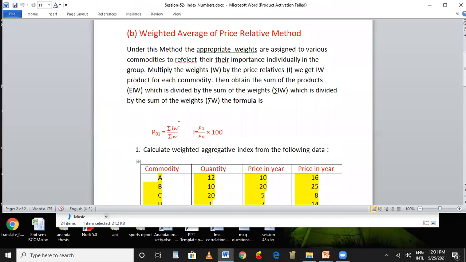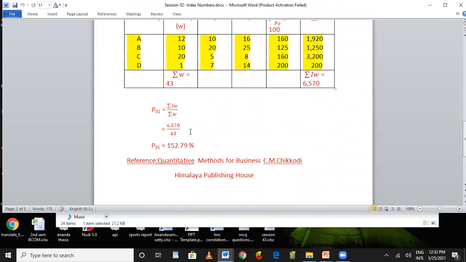Now, you have to apply this formula in order to get the P01. P01 is equal to sigma IW divided by sigma W. Sigma IW is 6570 divided by 43.